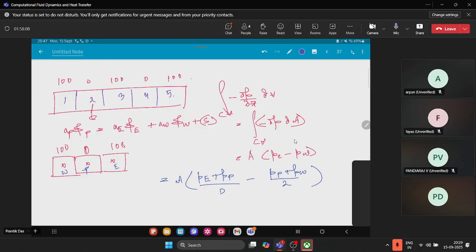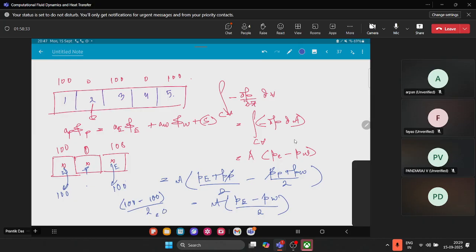PP gets cancelled out, then this becomes (PE minus PW)/2. We know that PE and PW are both equal to 100. So (100 minus 100)/2 is equal to 0. Is it clear to you?